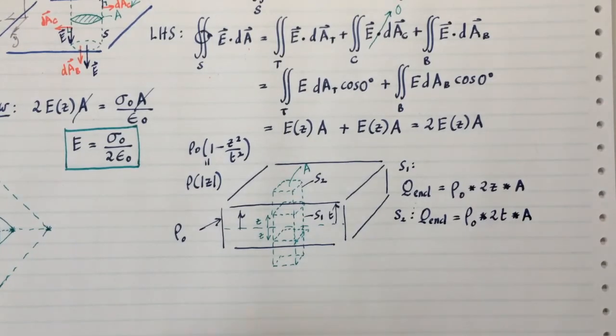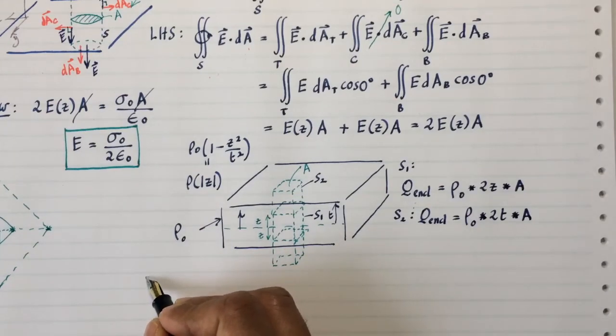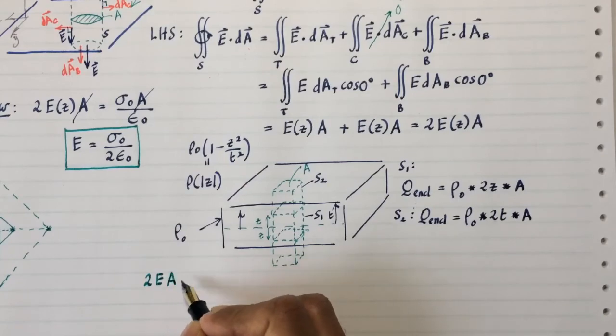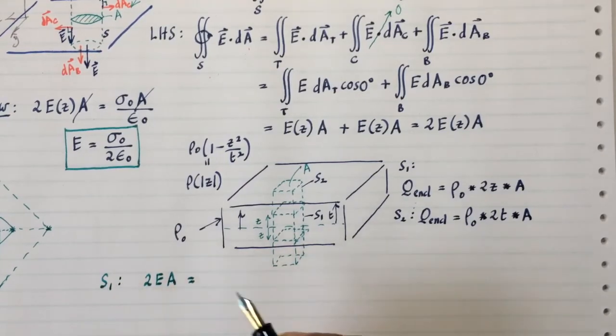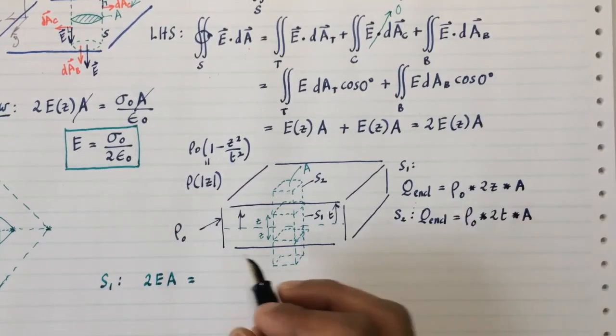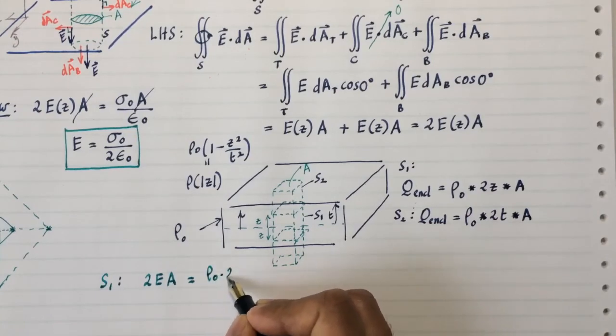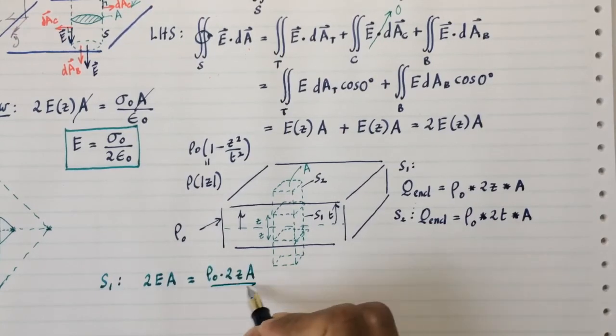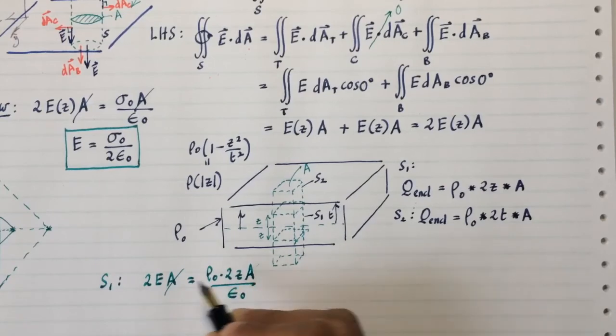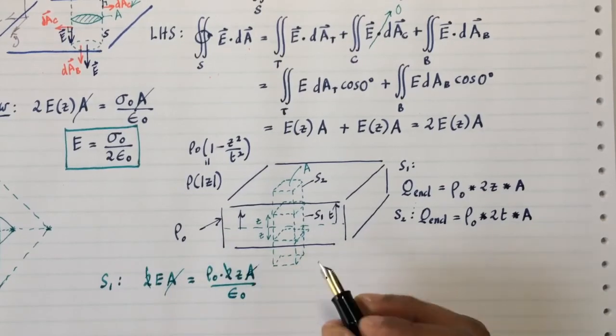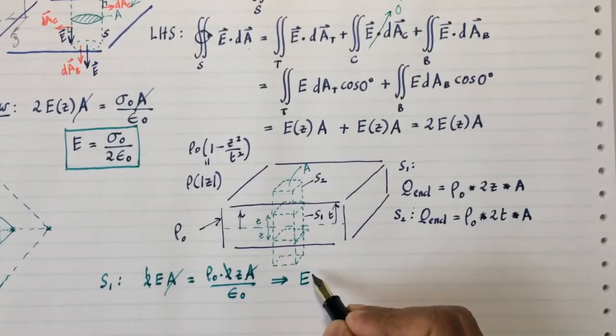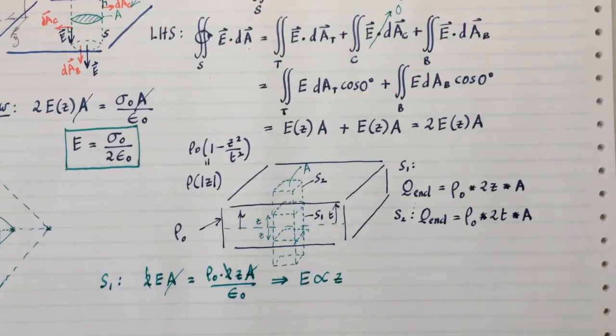Done. Let us find the electric field everywhere by using Gauss' law. Gauss' law says the left-hand side, which is 2E times A, for Gaussian surface S1, must equal the charge enclosed, which is rho naught times 2z times A divided by epsilon naught. The A's cancel out, one factor of 2 cancels out, and I get the electric field is proportional to just z.